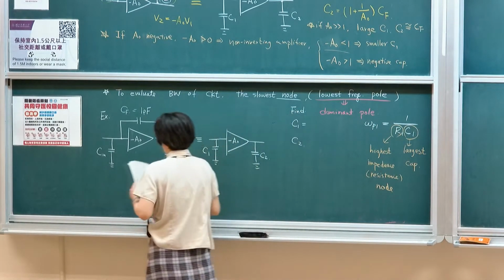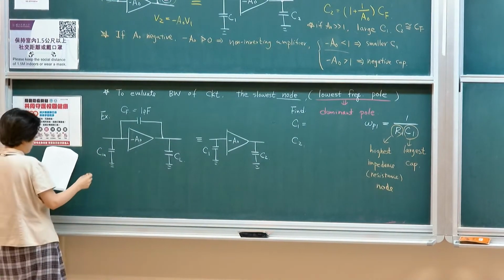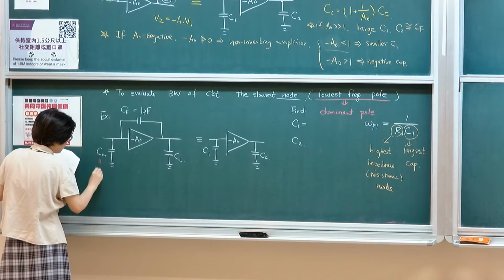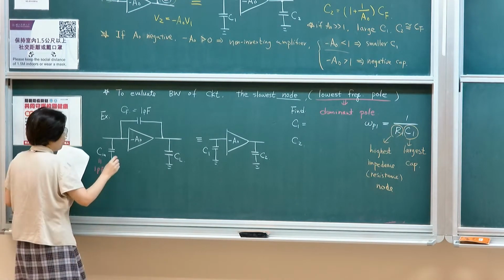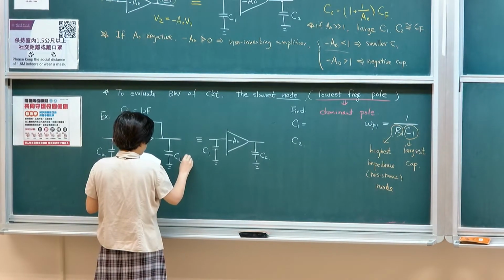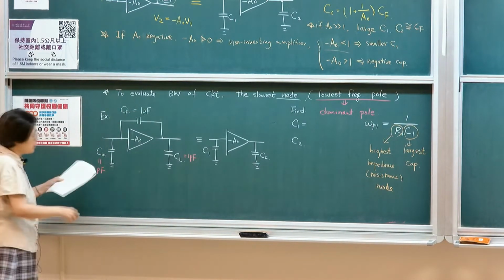So the question is to find these two. Let me give the numbers. At the beginning, I have input capacitance, which is 1 pico, and loading capacitance, which is also 1 pico. So all three of them are 1 pico.